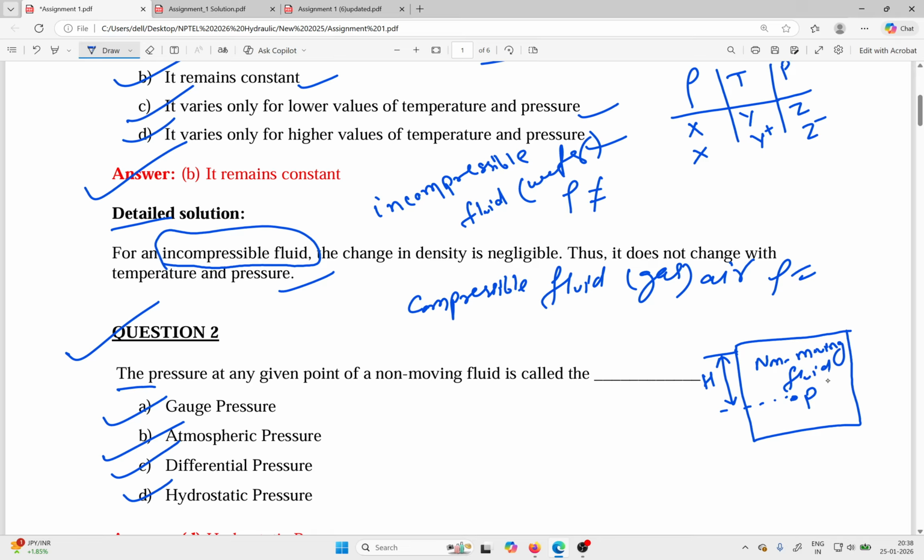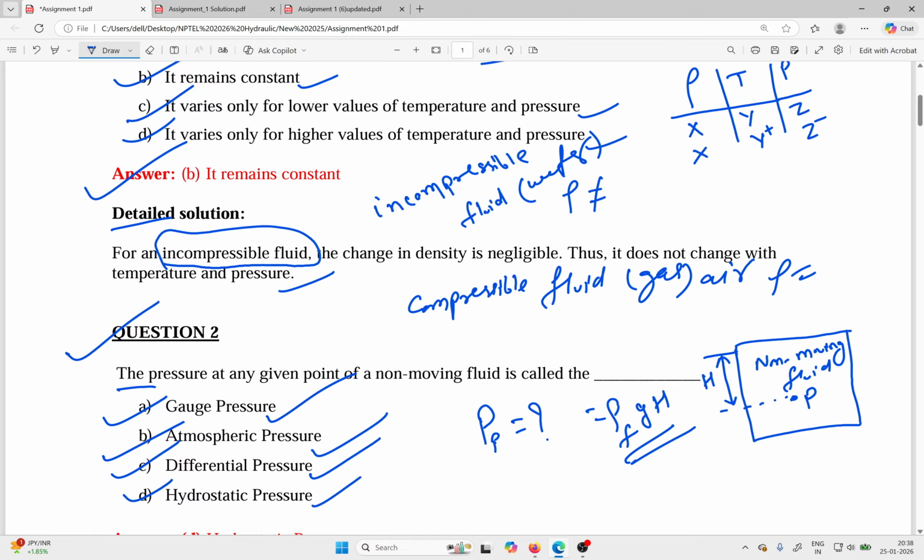What will be the pressure at P? It is rho, the density of your fluid, times g times H. So now you can guess whether it will be the gauge pressure, atmospheric pressure, differential pressure, or the hydrostatic pressure.